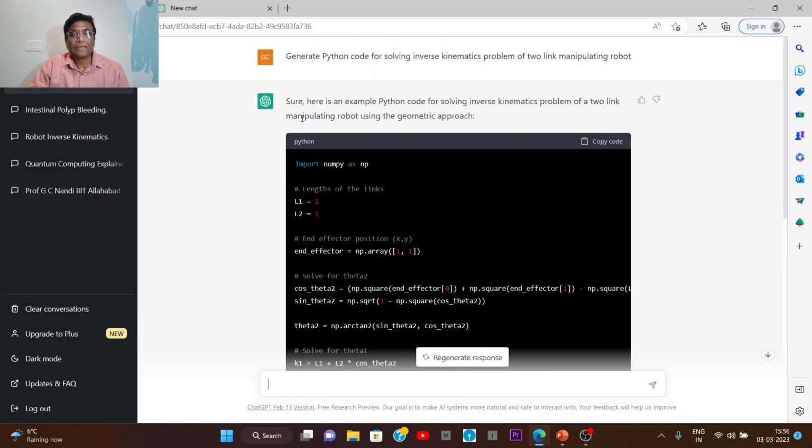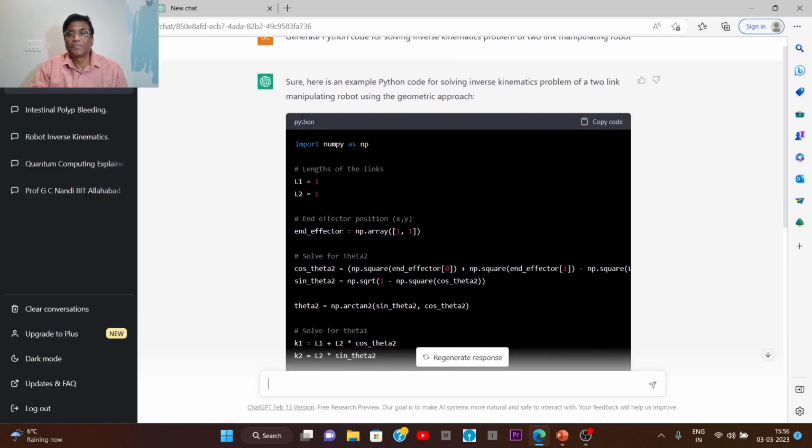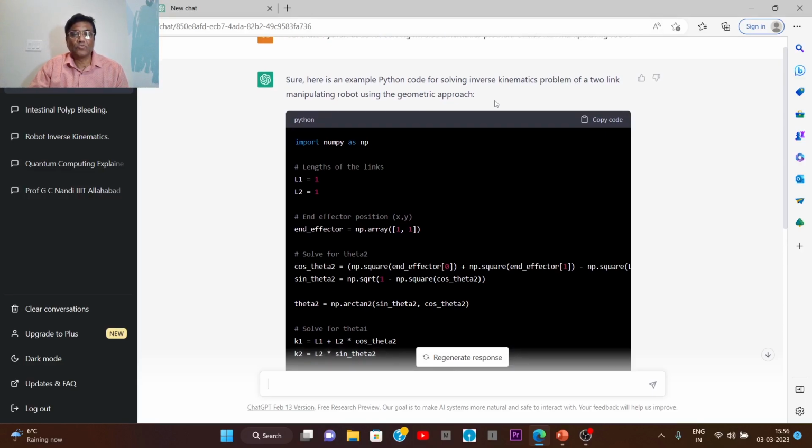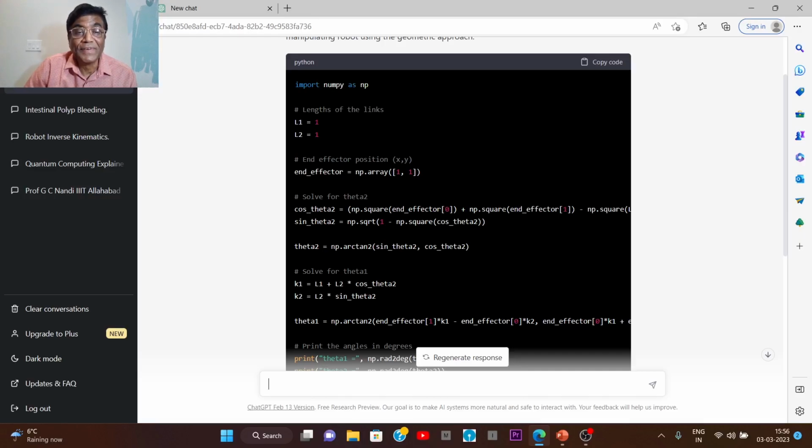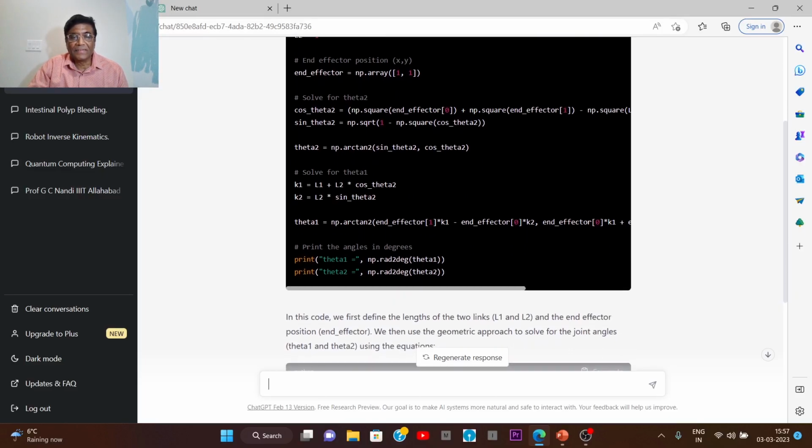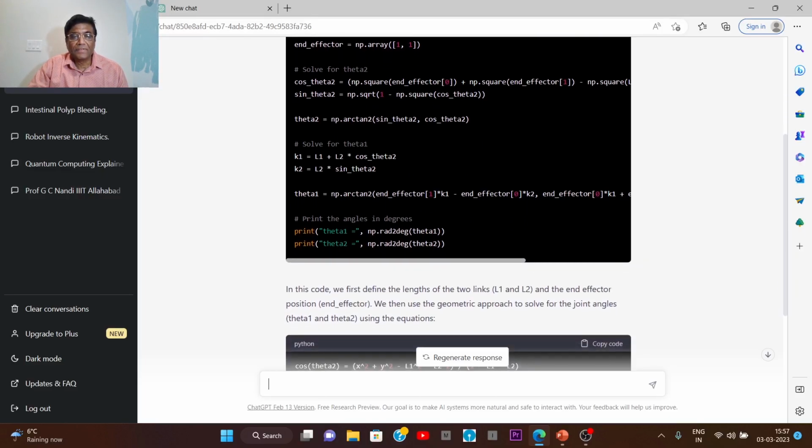So it wrote code for inverse kinematics of a two-link robot manipulator using the geometric approach. It wrote this beautifully and intuitively. In the class also we do that: L1, L2 have to be assigned some values, the lengths of the links. Okay, end effector. Then see what it has written. So solving theta 1.